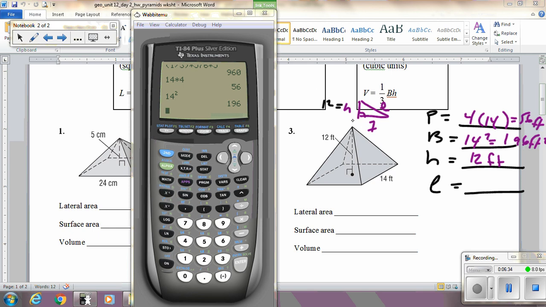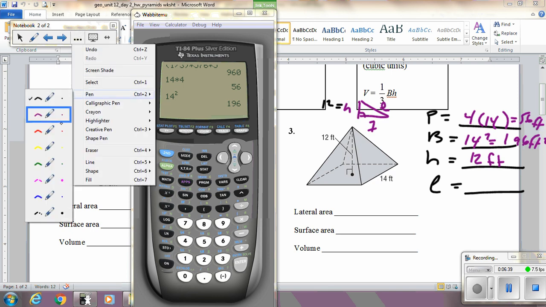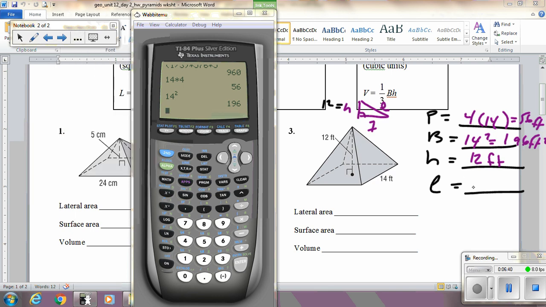So to find the slant height, I would take the square root of 12 squared plus 7 squared using the Pythagorean theorem shortcut.